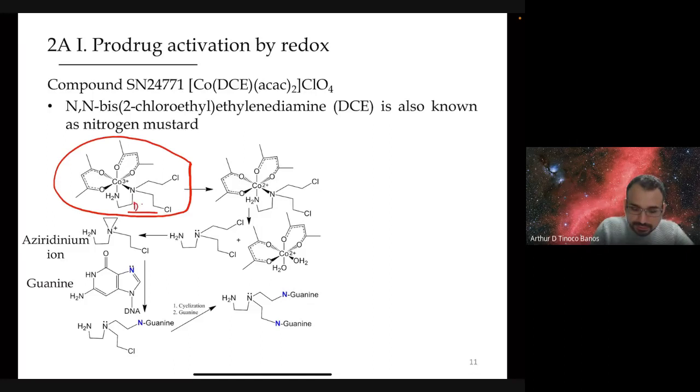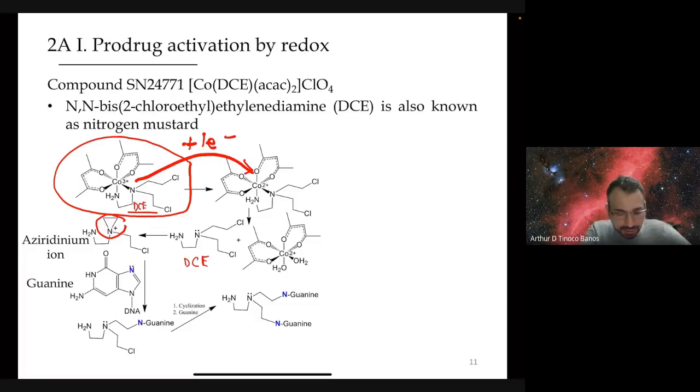Let me write that here, DCE. What happens here is that there is a 1 electron reduction of the metal forming Co(II), and that 1 electron reduction leads to dissociation of that ligand. And then there is a cyclization event of one of those arms there.